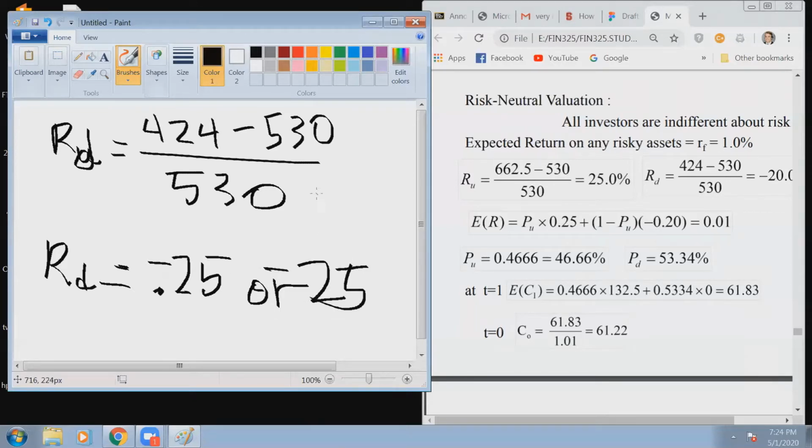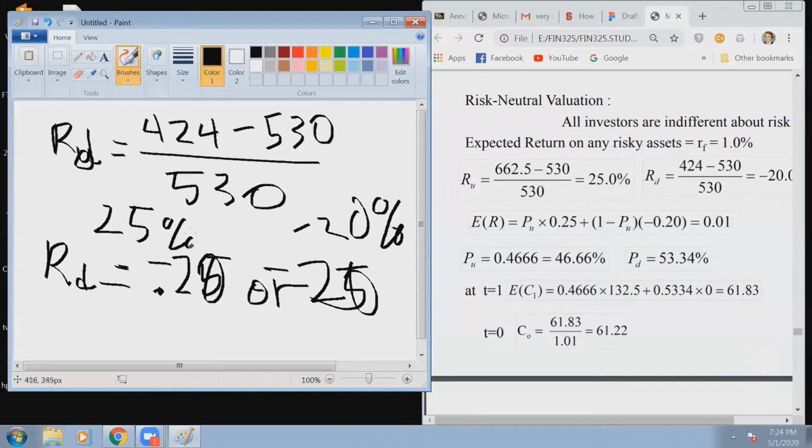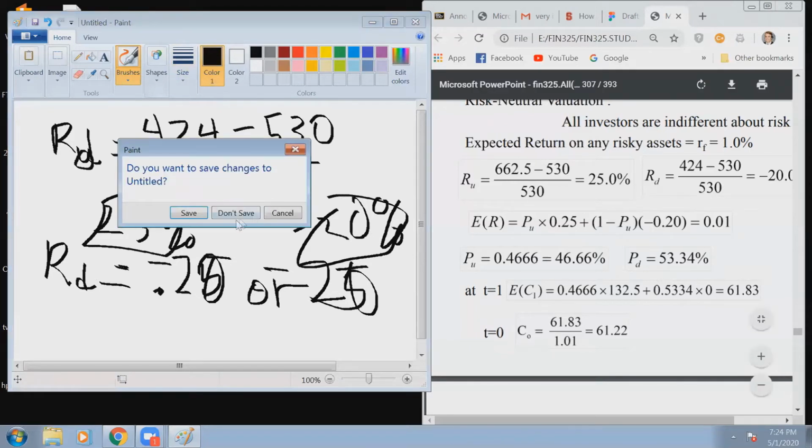So we can either have a positive 25% gain, or we can have a negative 25% gain. Oh, I'm sorry, negative 20. My math is off. So it's negative 20% for a downturn and positive 25% for an upturn here. Excuse the signs there.